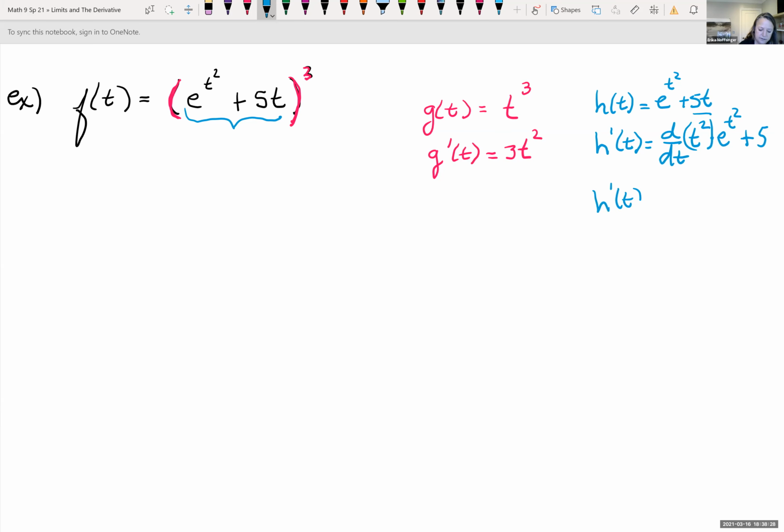So h prime of t is equal to the derivative of t squared, which is 2t, times e to the t squared, plus 5.